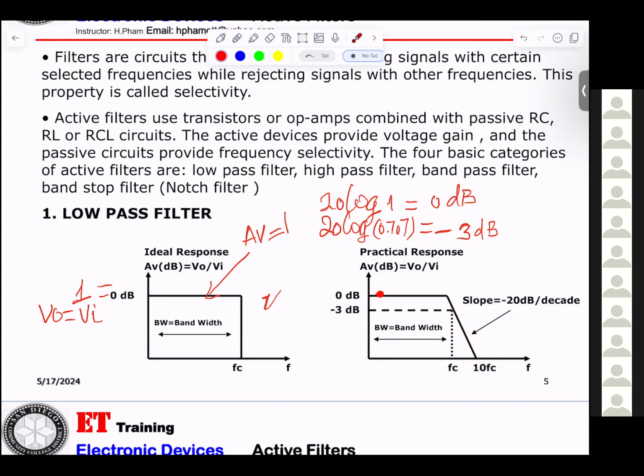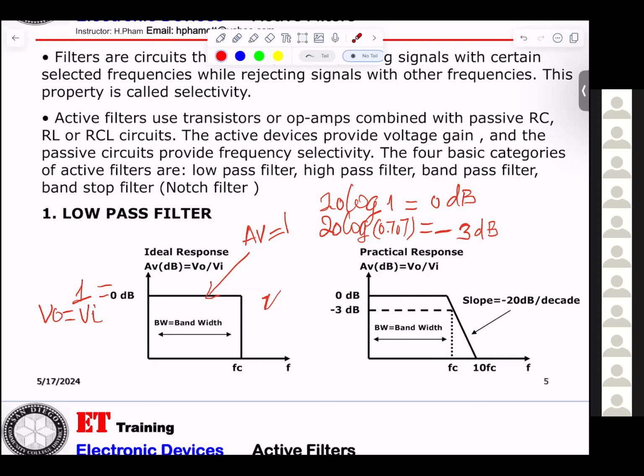In here, at 0 dB, input and output will be the same. You lose nothing. However, at a certain point here, what they call the cutoff, you lose minus 3 dB.